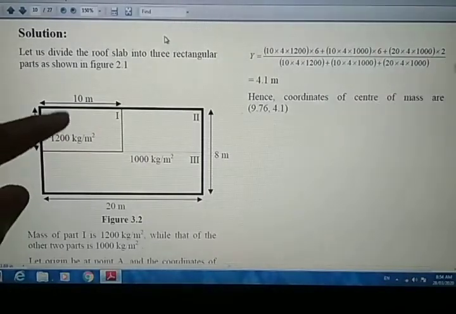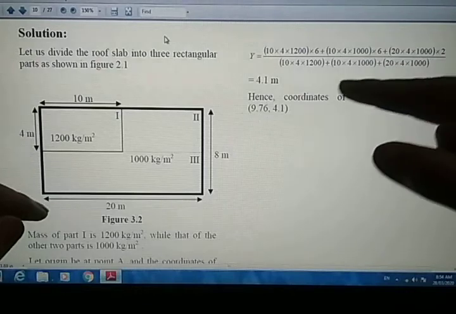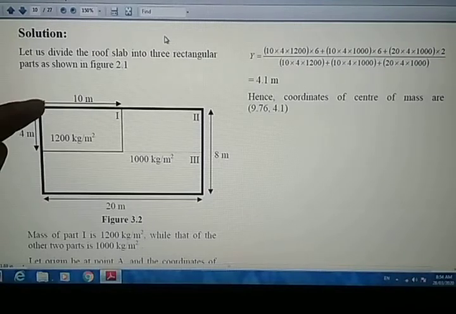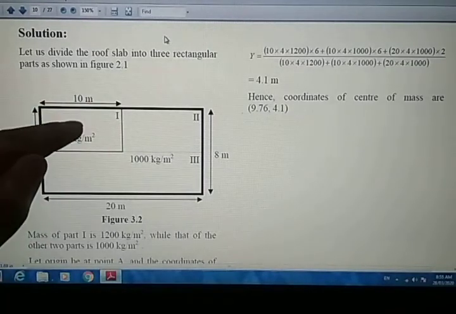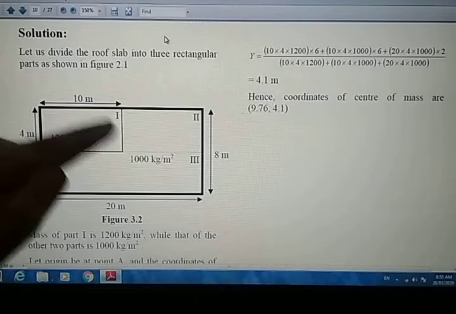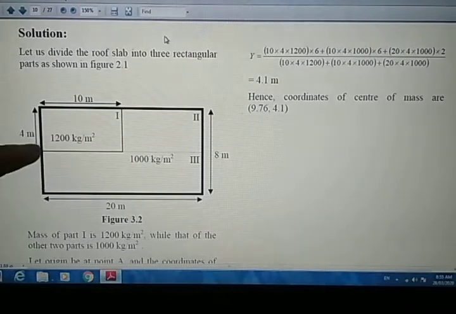What will be the center of mass for this section in the y direction? We take the origin from here, and the center of mass along the y-axis is at 4 divided by 2 means 2, plus 4 in this direction.